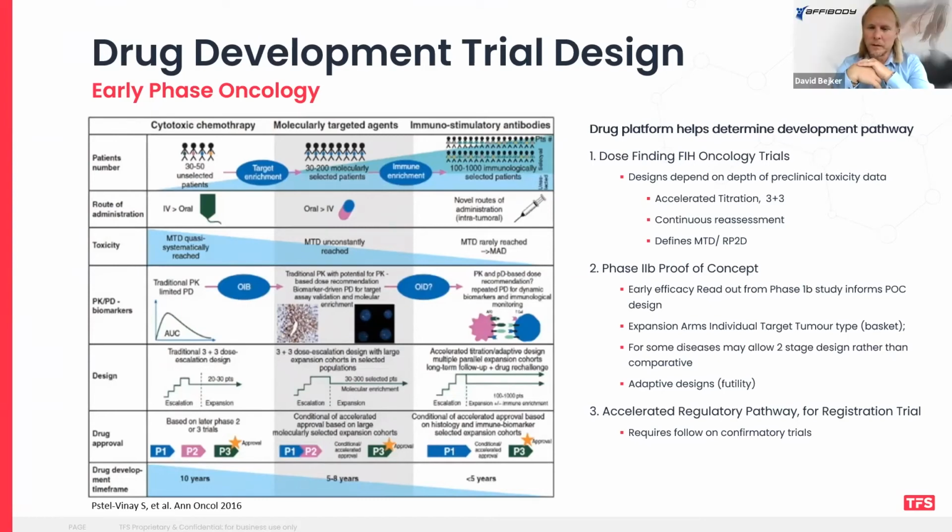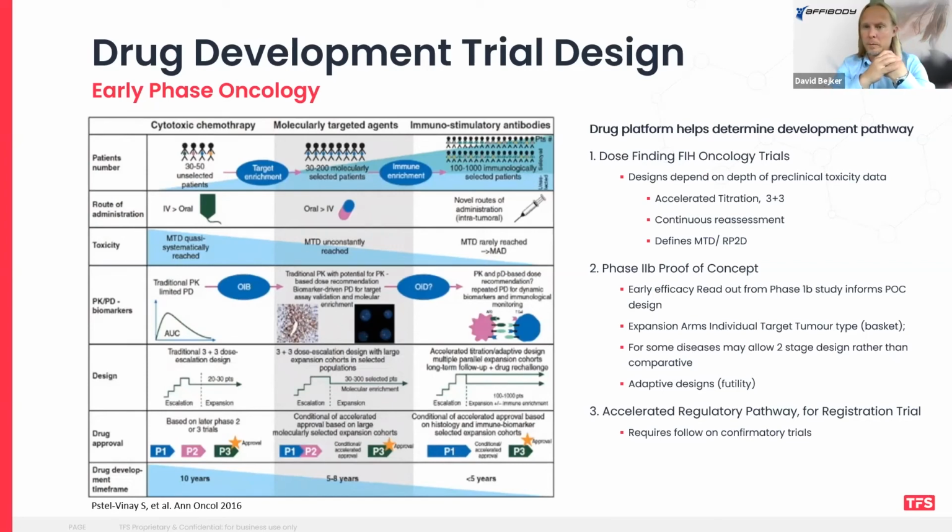And one of the things that you learn from this is, can you find signals? I'm kind of hung up on this term, signs of efficacy, and I use it on purpose, because it can mean biomarkers.